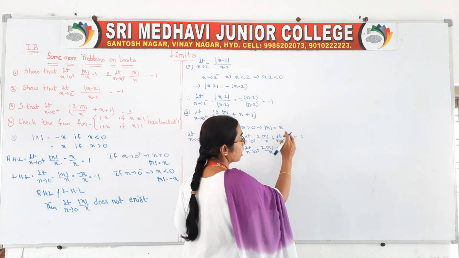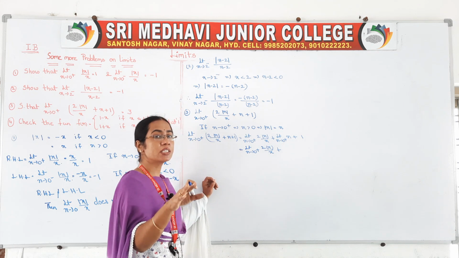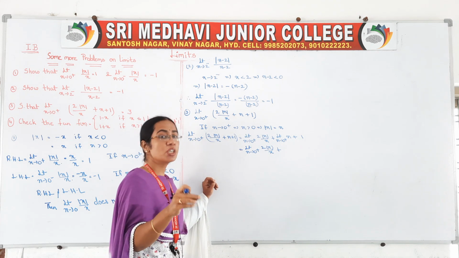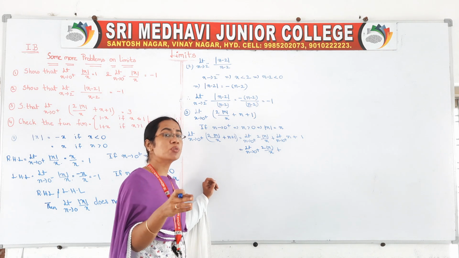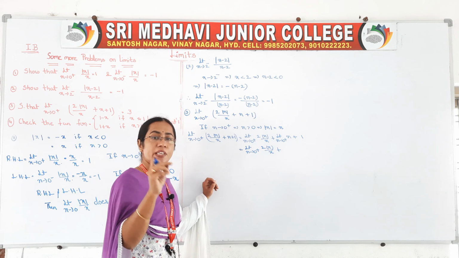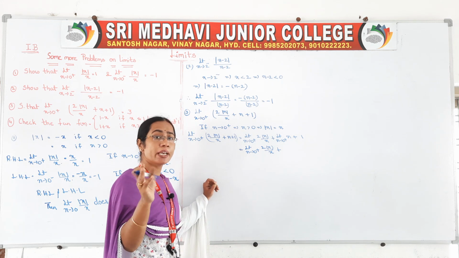So if we want to substitute, either it is 0 plus or 0 minus, we will take the x value as 0 only. Why? 0 plus means 0 plus a very minute value which can be negligible. Same thing, 0 minus means 0 minus a very minute value which can be negligible.